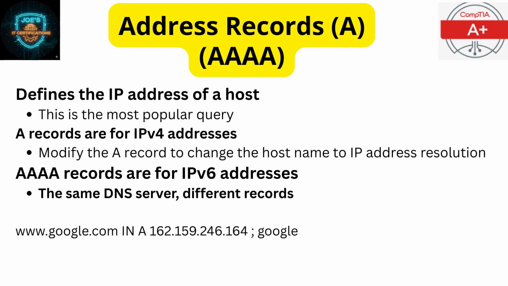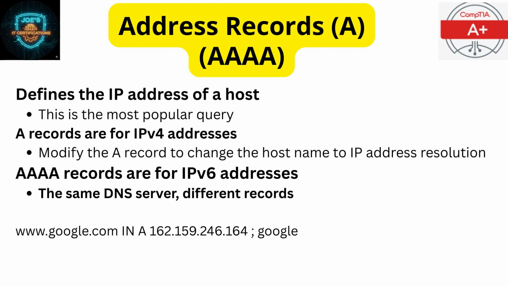To be able to see what this might look like in a configuration file, I have a record here for my web server, www.google.com. This is an internet address or IP version 4 address, and the A specifies that this is an address record, and the other part of this record shows it to be 162.159.246.164.